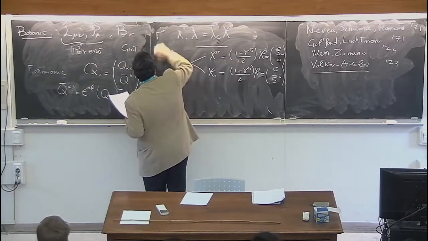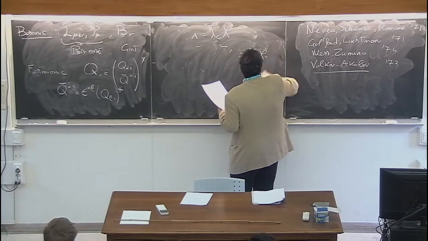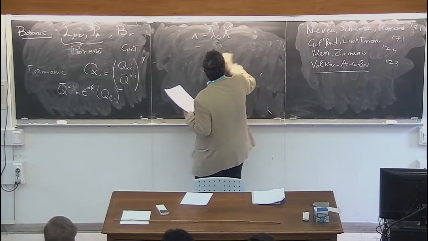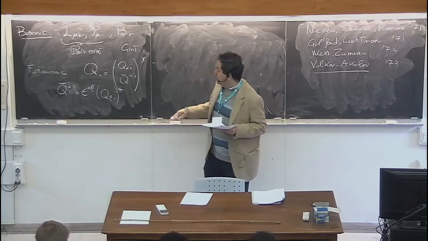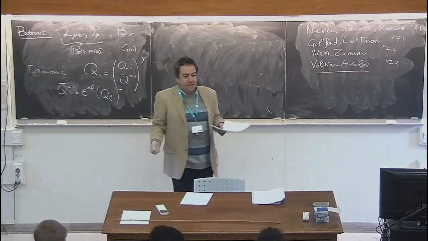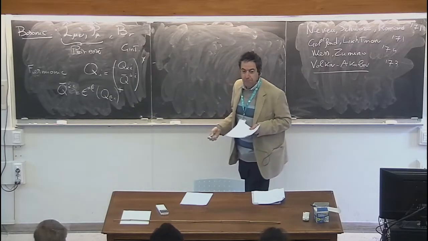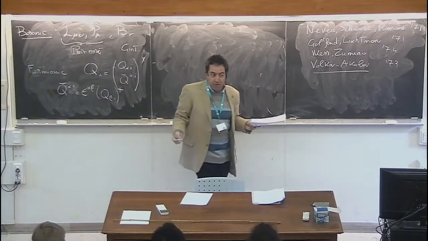What are the commutation and anti-commutation relations? Well, the commutation relation between Q and L is fixed by the fact that we choose Q to transform in a spinorial representation.